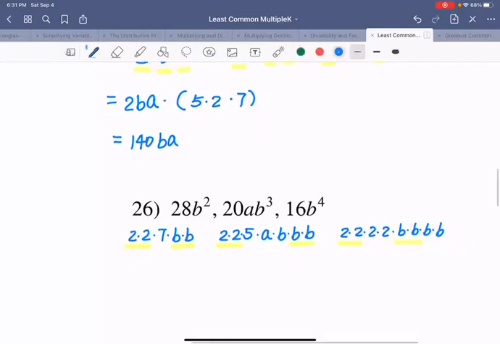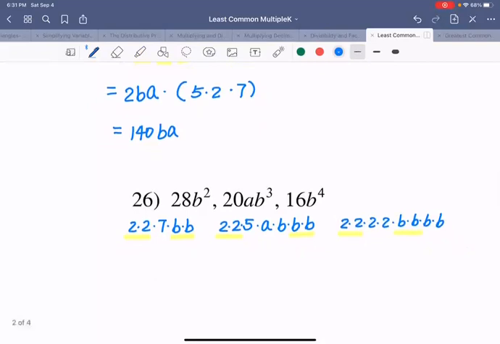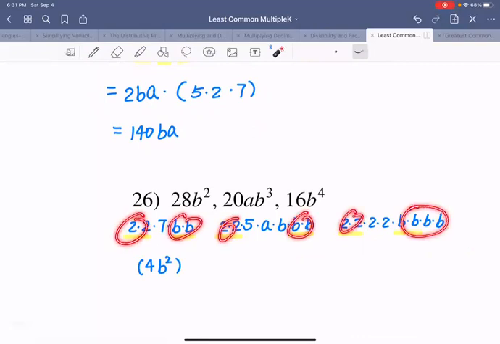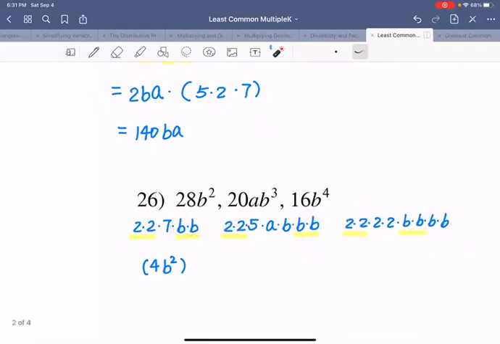So the greatest common factor is going to be 4B squared. All right. So we extract 4B squared out of this first. And then we are going to check this 7 and 5AB, and then 4B.